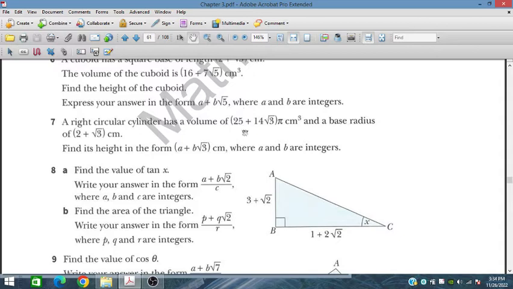This is the volume of the cylinder, and a base radius is given. This is the base radius. The volume of the right circular cylinder is given, and the base radius is given. Find its height in the form of this. So we have to find a plus b under root 3. So we have to find the height in this form. This is question number 7.